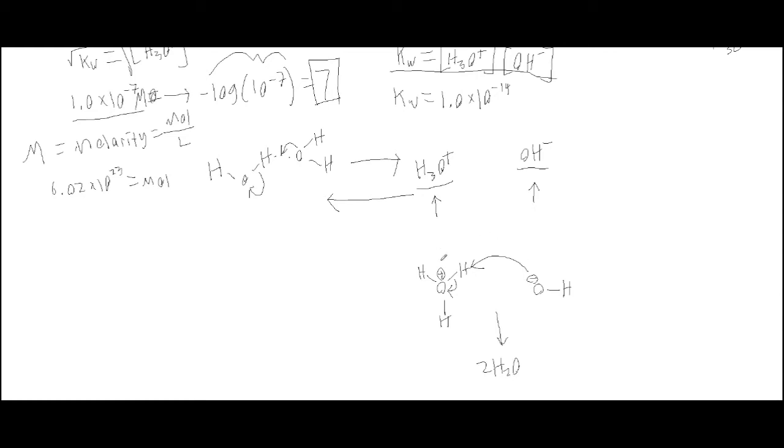So this is the quintessential acid-base reaction. This here being a base, this here being an acid, with acids being molecules that want to donate or get rid of a hydrogen, and bases being molecules that want to take on hydrogens.